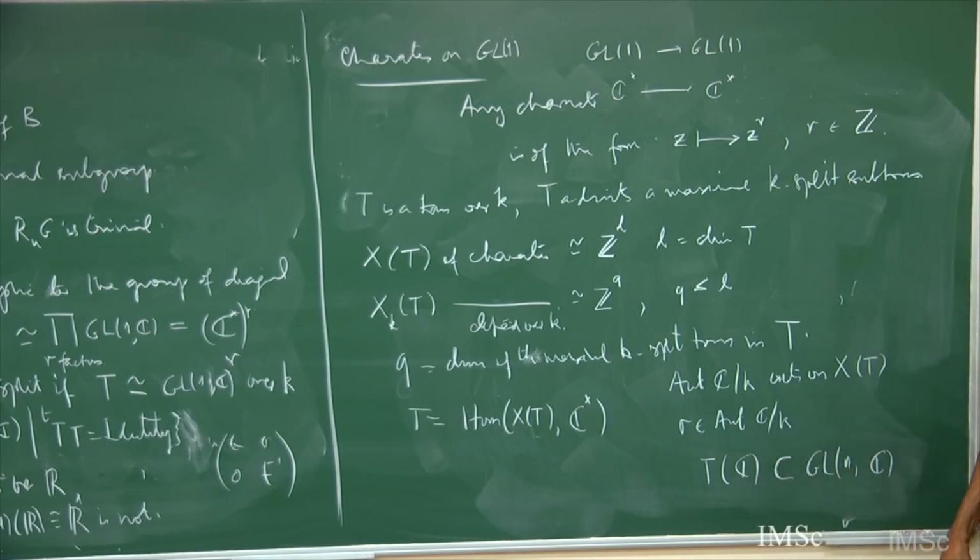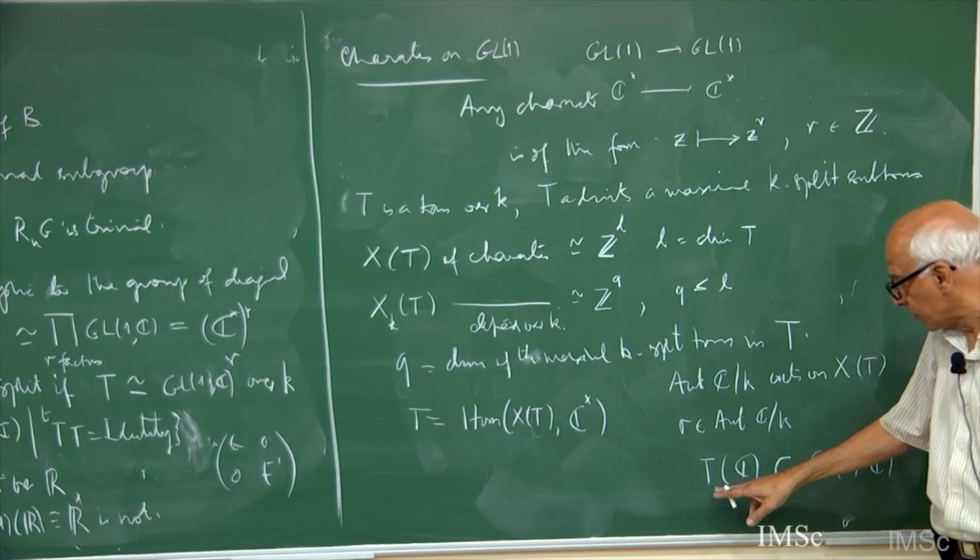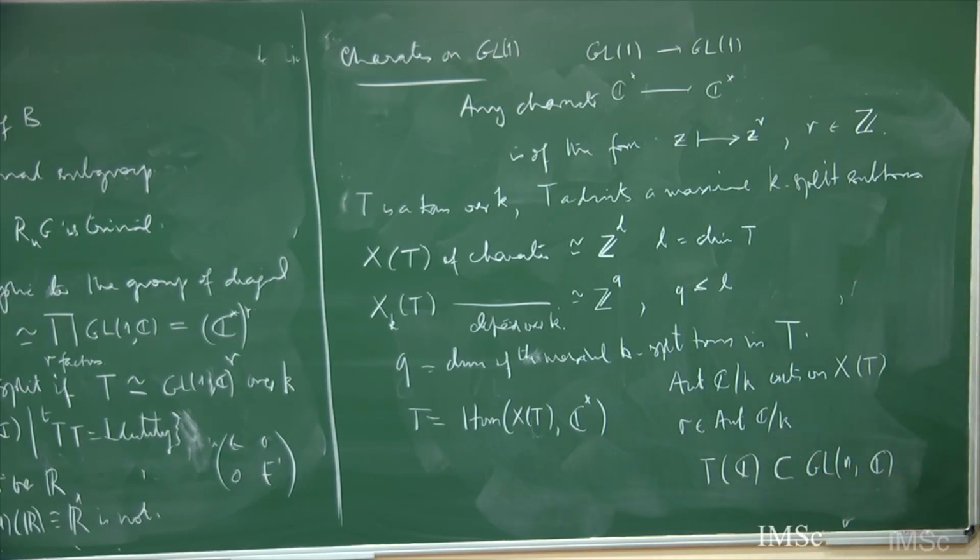Now my T is defined over K, which means it's given by a bunch of polynomials which have coefficients in K. If these polynomials vanish on a matrix, the Galois conjugate of the polynomial also vanishes on the same matrix, because the polynomial has coefficients in K, it's the same polynomial. From that it becomes clear that T(C) is stable under the Galois group.